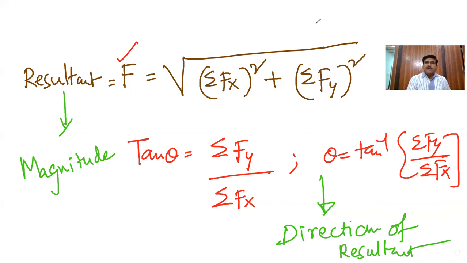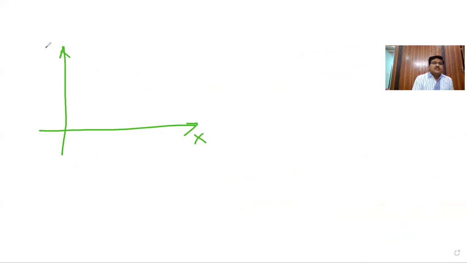Now let us follow this procedure in solving the above problem. What was given? This is the y-axis, this is the x-axis. One force he has given: this force OA, at 37 degrees to the x-axis, and magnitude 5 meters.